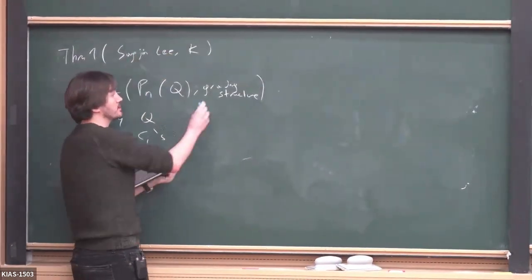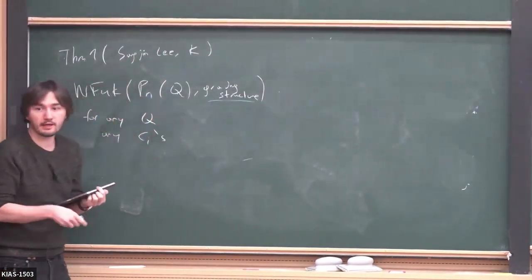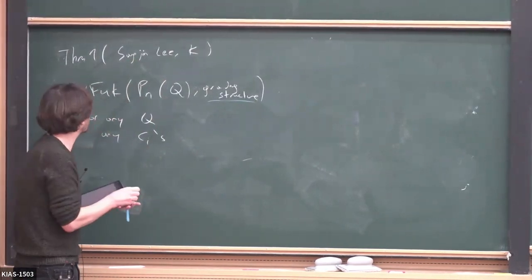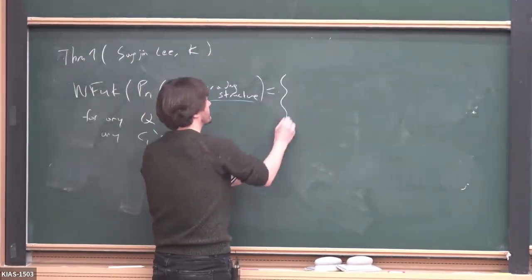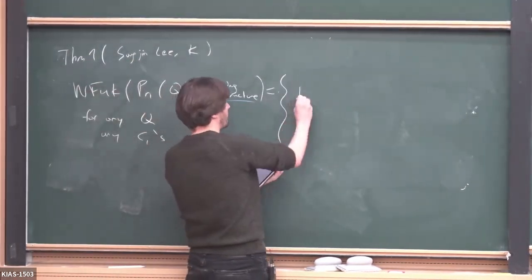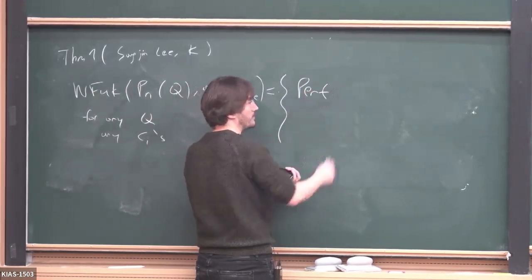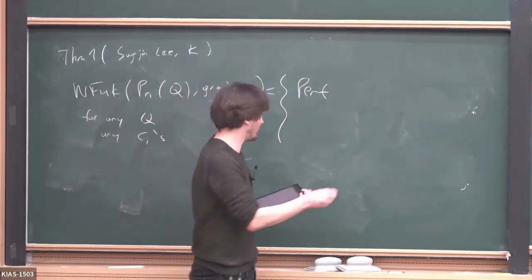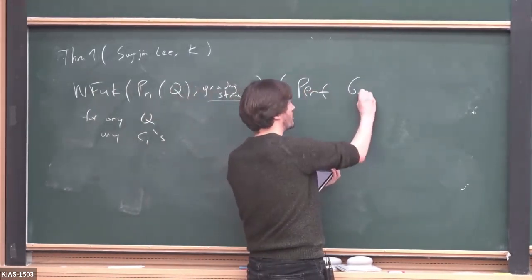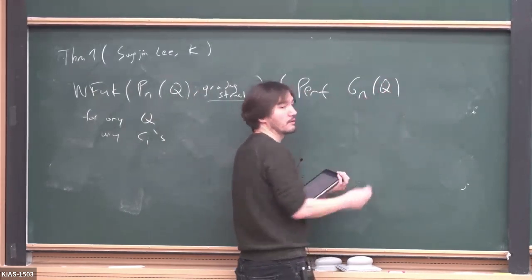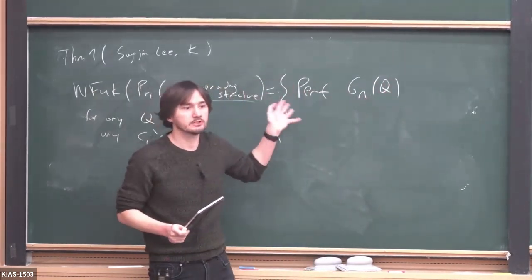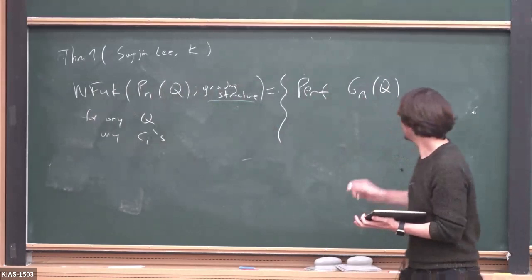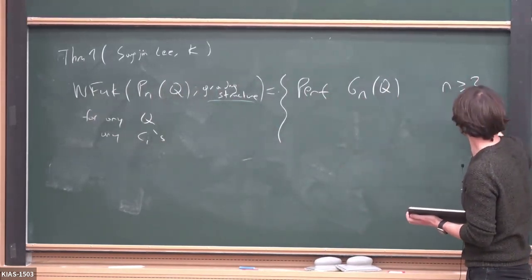So any grading structure you give me, any quiver, anything, then this is perf of some endomorphism algebra, and that endomorphism algebra corresponds to the Ginzburg DG algebra in the n greater than or equal to 3 case.